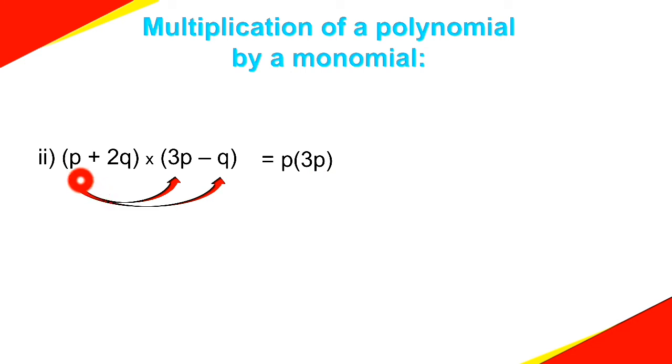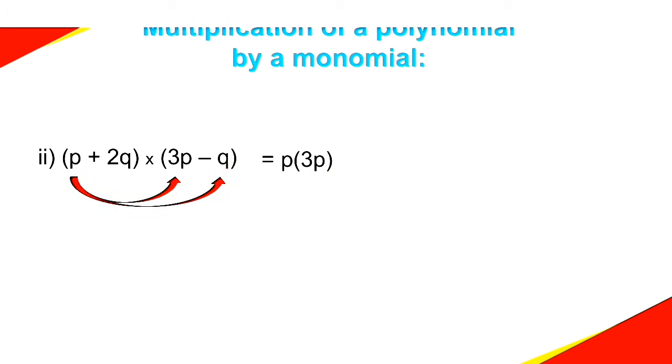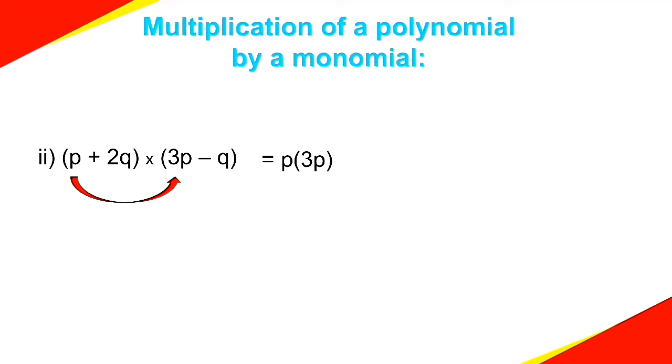The next one is p, q. What symbol do we get? Right, minus p into q.